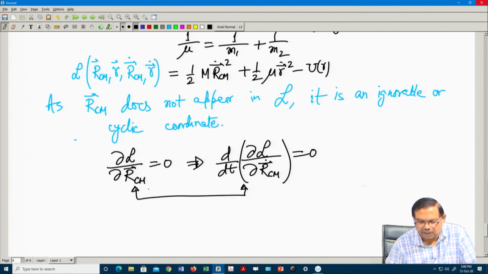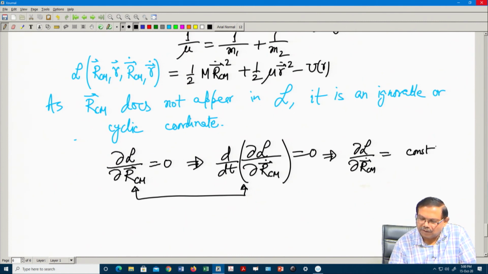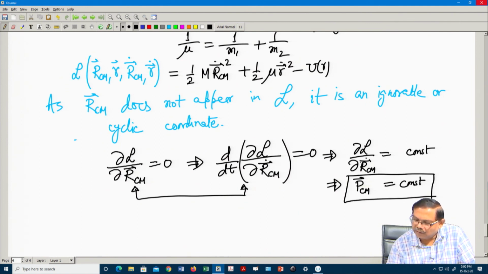That is the Lagrange equation of motion, but one part is 0. So, this must be 0. So, the partial derivative of L with respect to RCM dot is a constant, d dt of this is 0. It is a constant, and what is this? This is called the momentum of the center of mass.